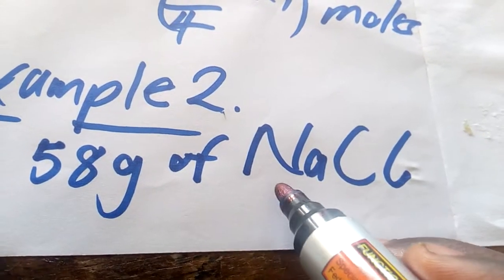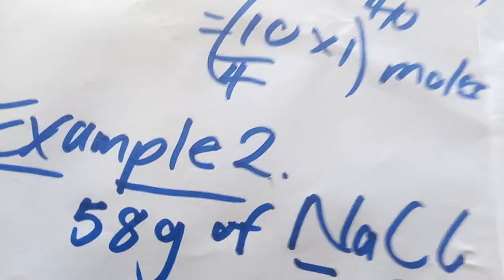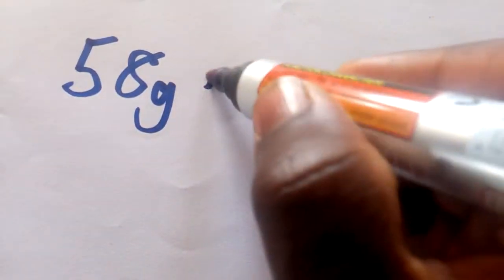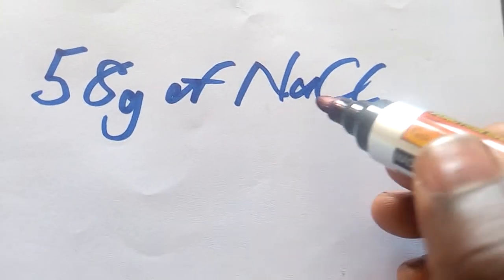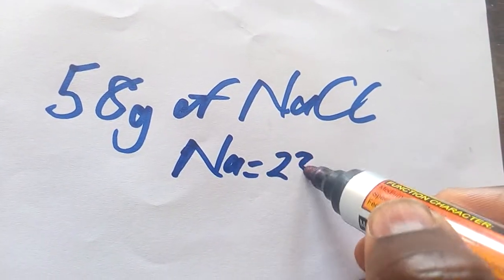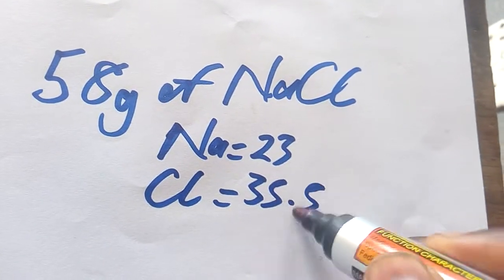Now I have 2 elements here, sodium and chlorine. How do you go about this? I have 58 grams of sodium chloride. From the notation, sodium has 23 and chlorine has 35.5.